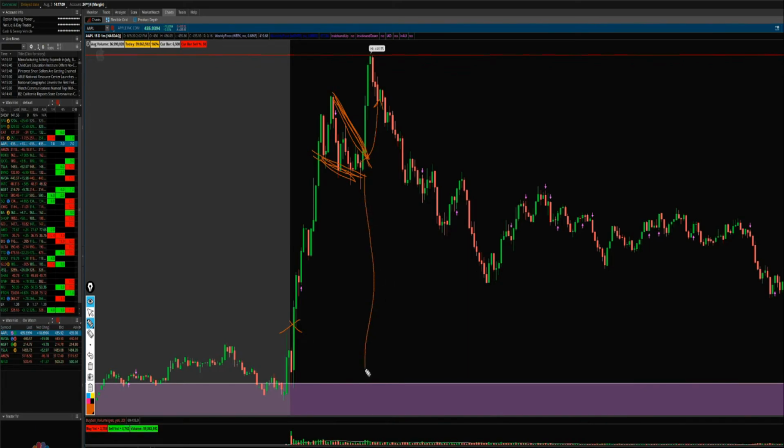Something you can do is look all the way down here at the volume. That is a good indication for price. So when price pushes up like that, here, let me show you. You can see on this candle here where the volume is, it's a little small, sorry about that. Actually, let me do something.